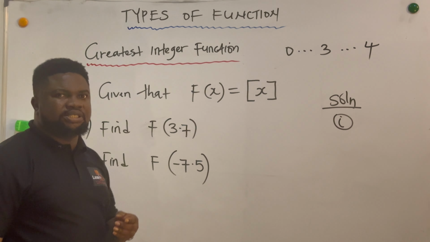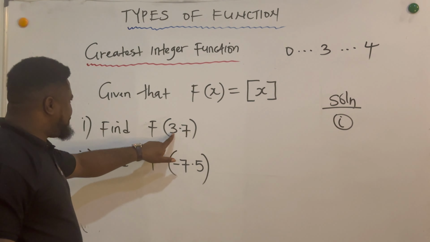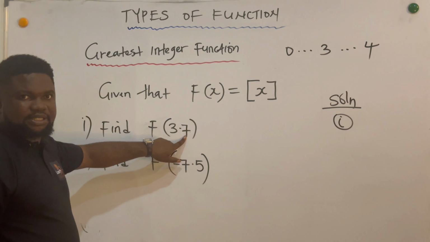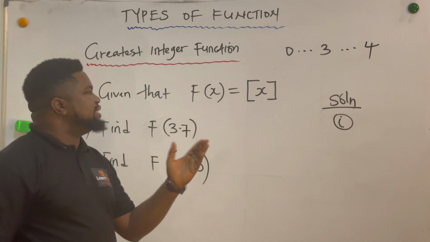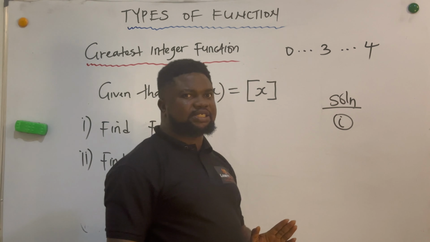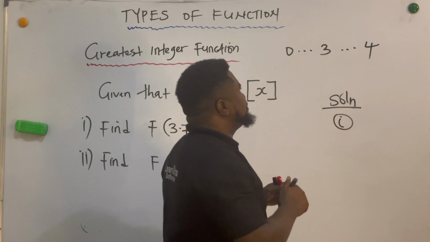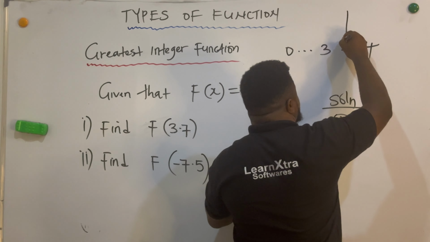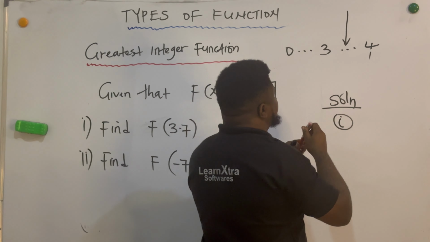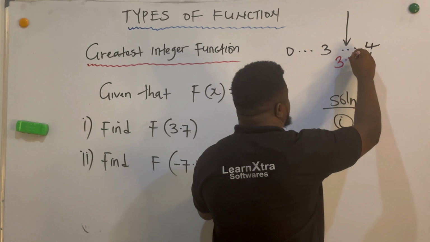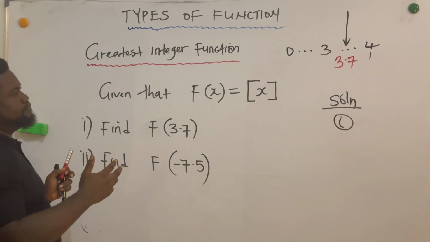I am using 3 and 4 because 3.7 is what we are trying to evaluate. 3.7 is a number that falls within two integers, 3 and 4. It's in between these two integers.